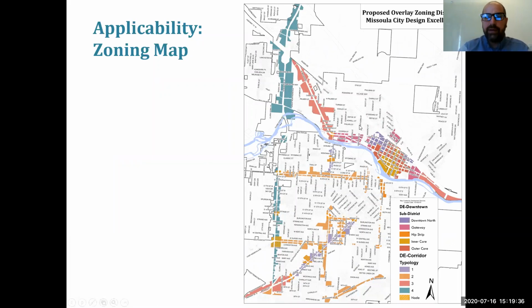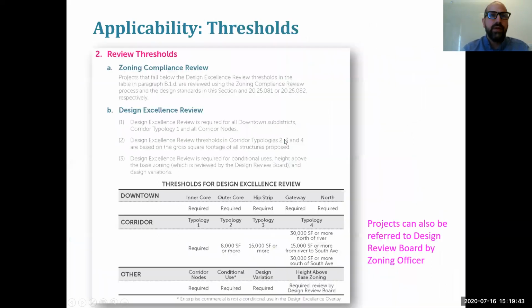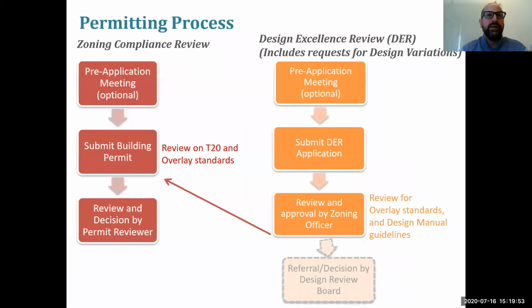And again, the greater downtown area, and then many of our key commercial corridors in the city. And an approach for how and when we would apply a more comprehensive level of review based on thresholds.